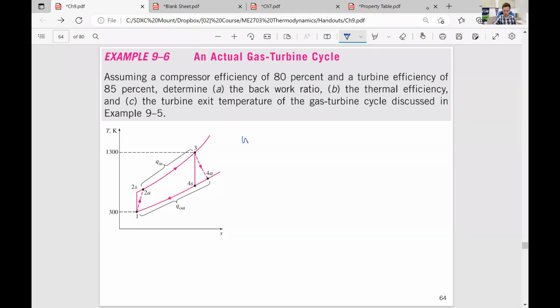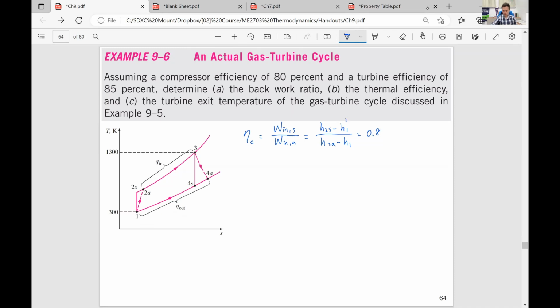The compressor efficiency, we know this is the work in, the isentropic one over the real one, the actual one. So this is H2S minus H1 over H2A minus H1. This is the isentropic one, this is the actual one. So this is 80%, so this is 0.8.